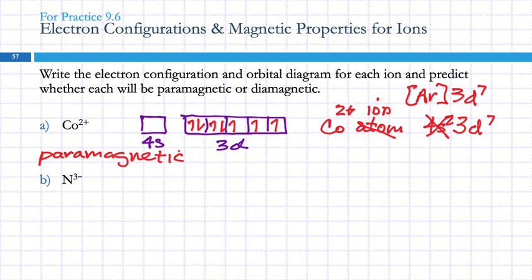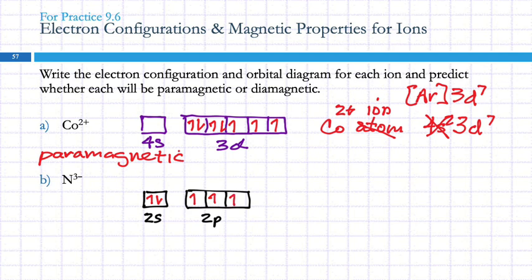Let's look at nitrogen. So for nitrogen, we've got valence electrons 2s and 2p. And there's 5 valence electrons, 1, 2, 3, 4, 5.